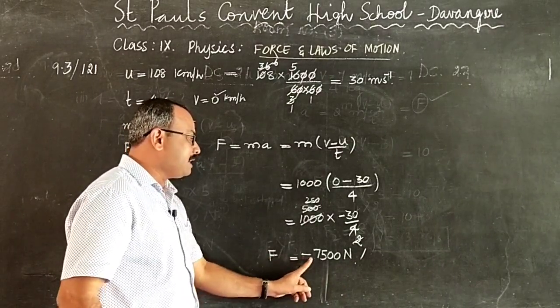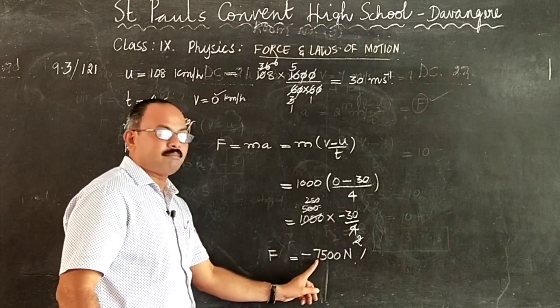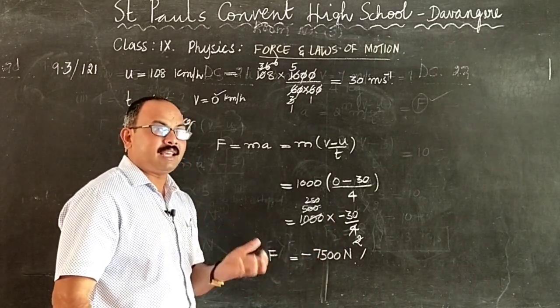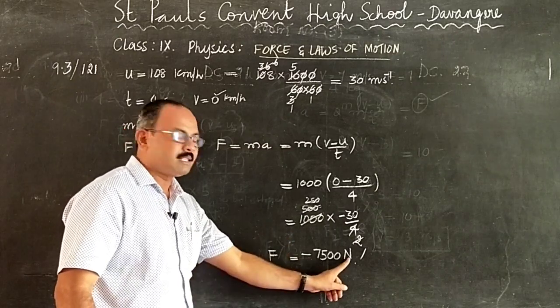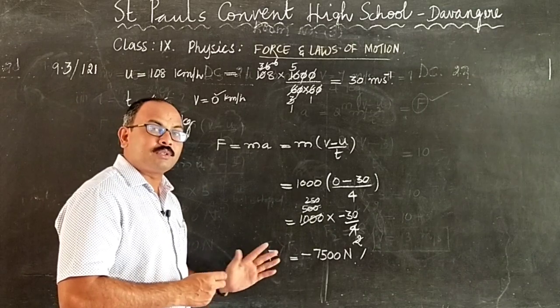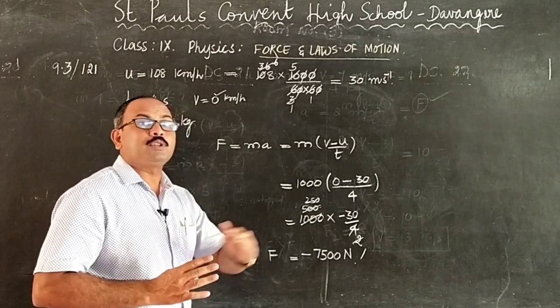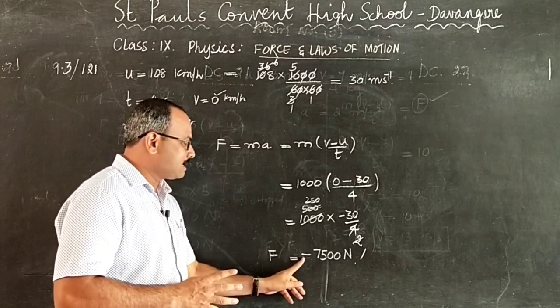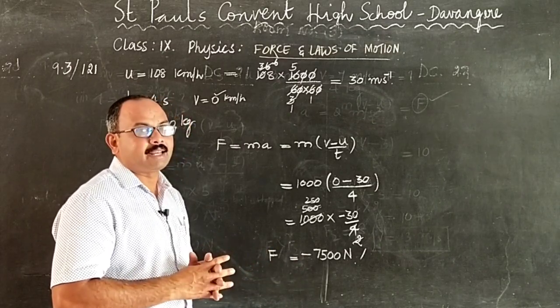Force is equal to minus, sorry, plus into minus, minus. Two things you have to be very careful about. When there is a sign, you have to write down the sign, plus there is a unit. The minus sign says that the force is applied opposite to the direction of the moving vehicle. This is the meaning of minus.